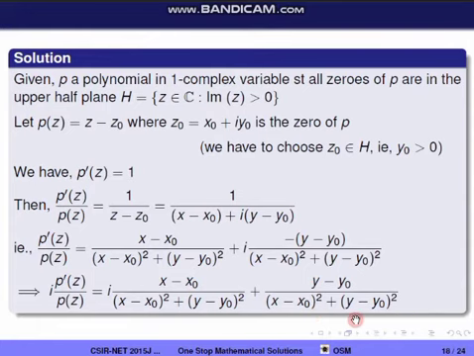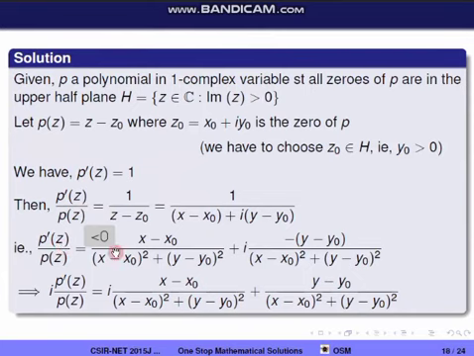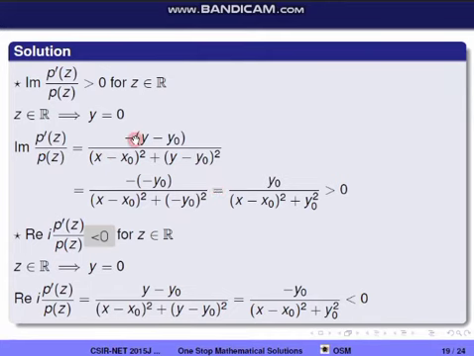So now we'll check the options one by one. The first option is imaginary P dash of Z by P of Z is greater than 0 for Z belongs to R. Z belongs to R implies Z is a real number, so that is Y is equal to 0. From this equation, imaginary of P dash of Z by P of Z is this term, that is equal to minus of Y minus Y naught by X minus X naught whole square plus Y minus Y naught whole square.